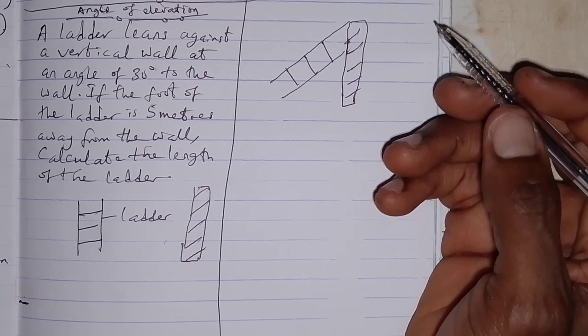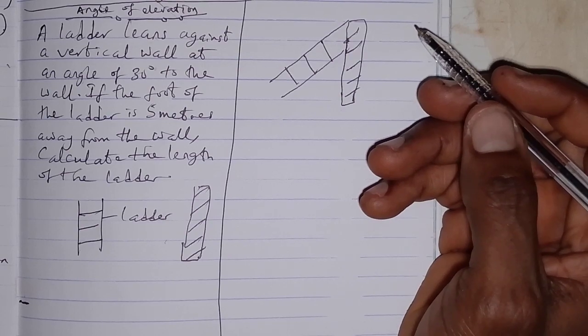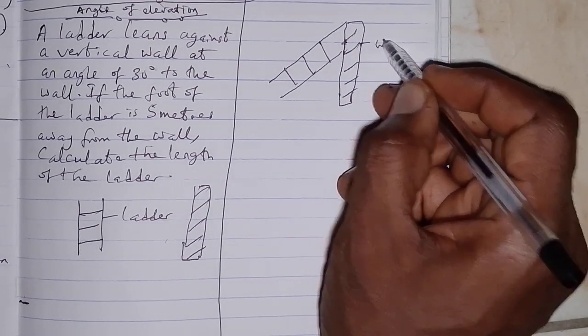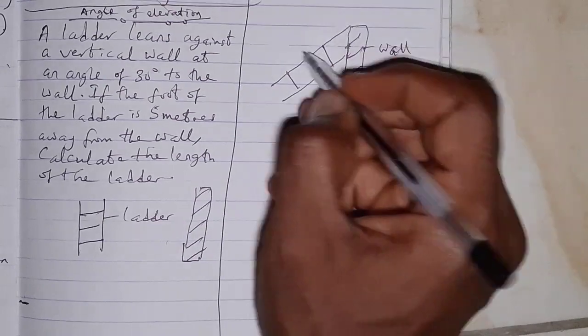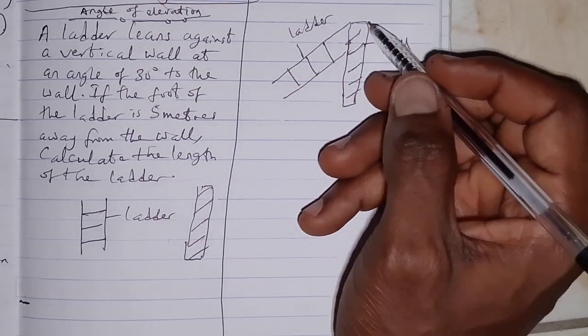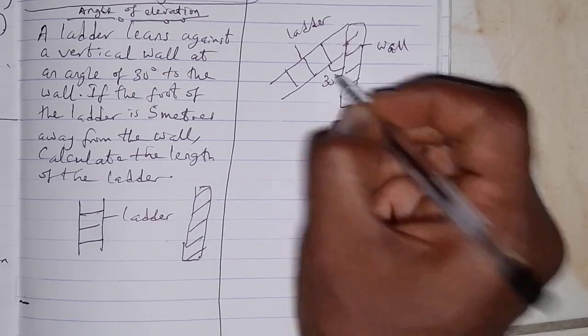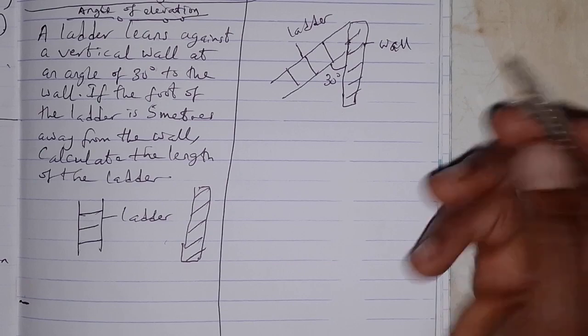Take note, 30 degrees to the wall, not to the ground. This is our wall, and this is the ladder. So you see, it leans 30 degrees against the vertical. It means the angle here is 30 degrees. Can you see now?